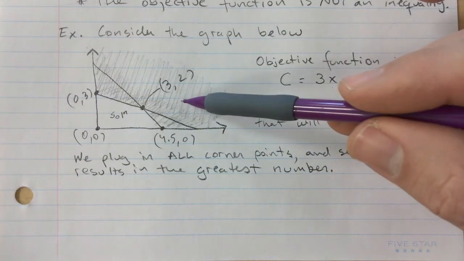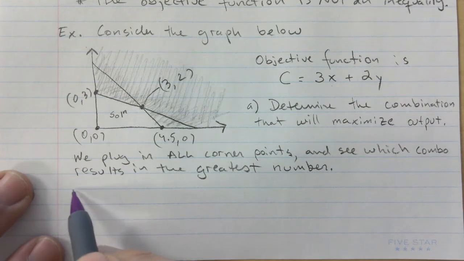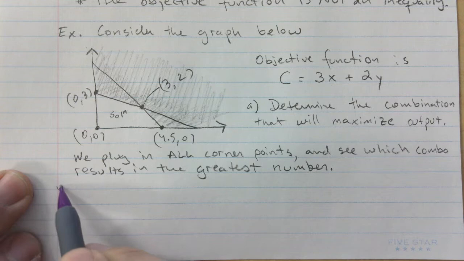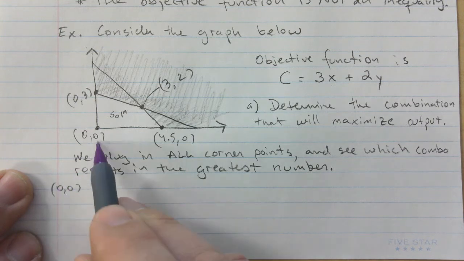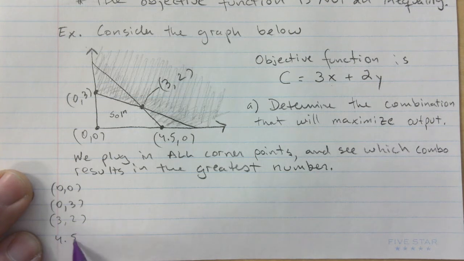So we graph, we came up with our objective function, even though I told you what it is, right? So there it is. Now it's asking determine the combination that will maximize the outcome. So you line them up, like this is how I show it. You put it, order doesn't matter. So 0, 0, 0, 3, 3, 2, and 4.5, 0.